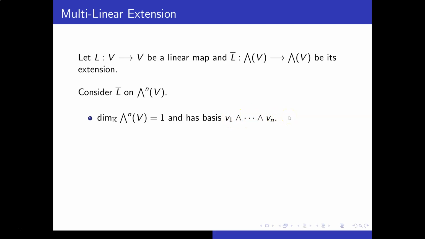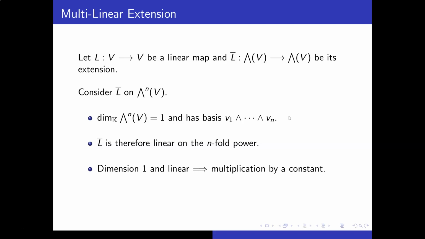So it's one-dimensional. L bar is multilinear, but if I'm working on a one-dimensional space, there's only one variable, so it's linear on that n-fold power. But if I've got a linear function on a one-dimensional vector space, the only thing it can be is multiplication by some constant. So then the question becomes, what is that constant?